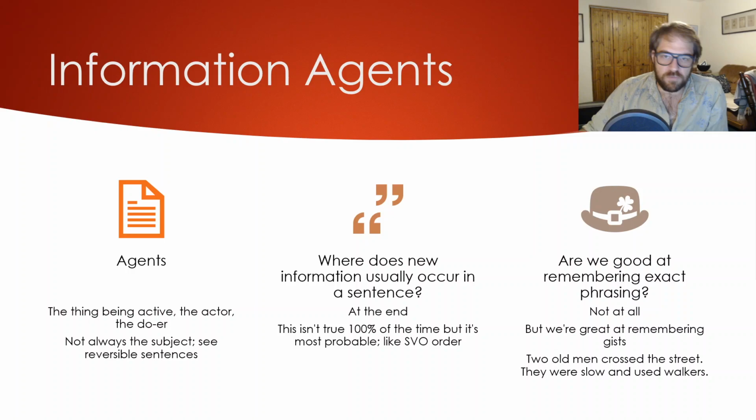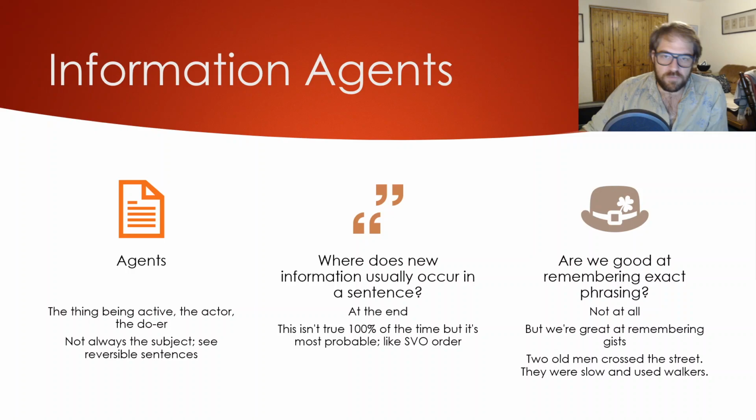To the doctor, the nurse handed the scalpel. Now, the subject is the nurse, but the object comes first because it's set apart by a comma, and so it doesn't happen all the time, but mostly. It's most probable that we have subject, verb, object order. It's most probable that information occurs at the end of a sentence. It's most probable that scalpel is not an agent.